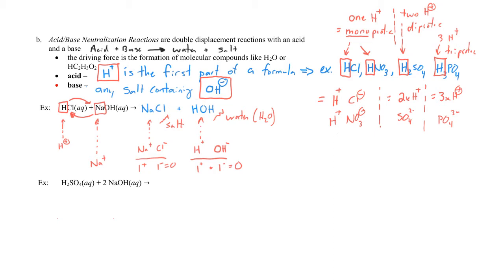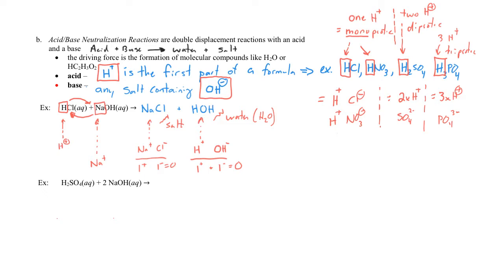Now remember the 4-step procedure that we go through whenever we're doing a double displacement reaction. We've done all those 4 steps here, just a little bit quick. We're going to go through them systematically in the next examples, but I just went through this quickly to show you what these look like. So the first thing that we did is we figured out the symbols for the products. So I exchanged the cations, sodium and hydrogen, and then I put the right anion with each of those cations.